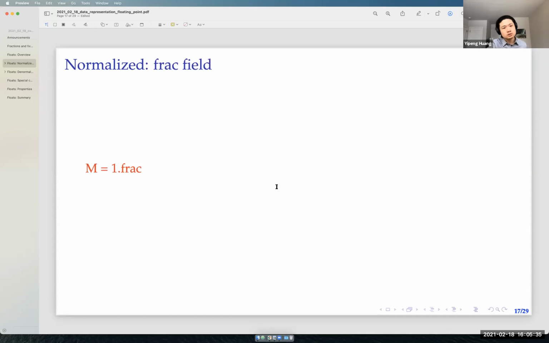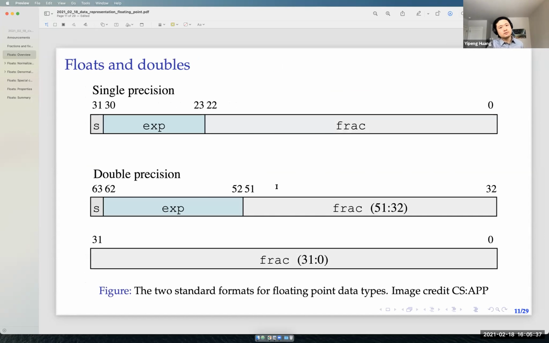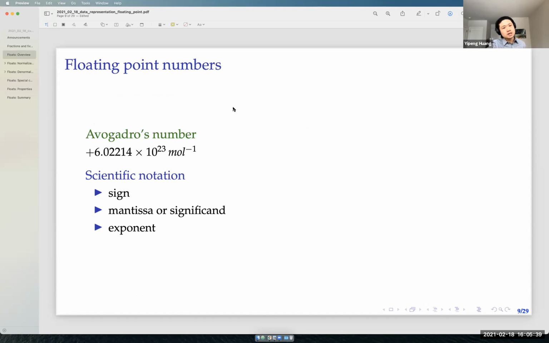So maybe I can go back to our Avogadro's number example to motivate that. Here's Avogadro's number, 6.02 times 10 to the 23. Well, why do we represent it that way? We could also say this number is 60.2214 times 10 to the power of 22.